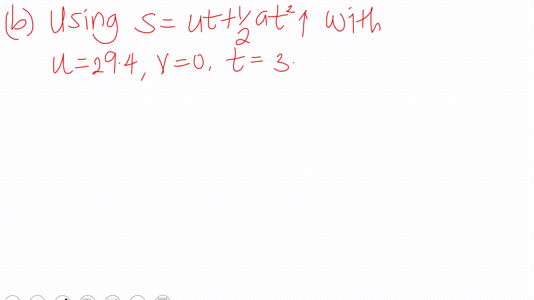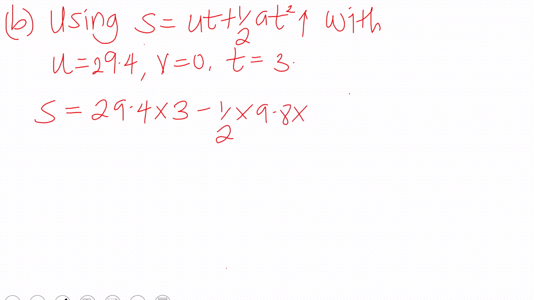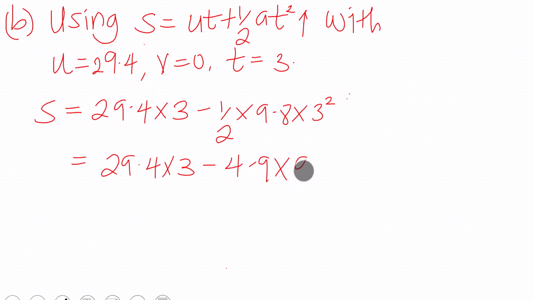If I substitute in here, I will have s equal to 29.4 times 3, the time taken to reach maximum height, minus a half times 9.8 times 3 squared. This becomes 29.4 times 3 minus 9.8 divided by 2, that is 4.9 times 9.